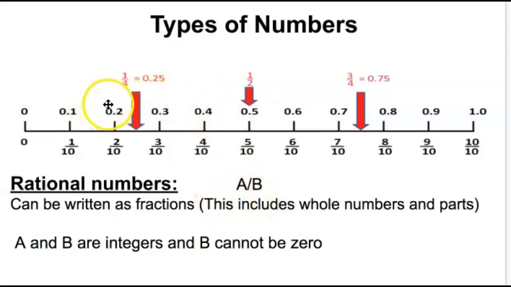There are some decimals that will go on forever and their patterns do not repeat. Those are called irrational numbers because you cannot write those as fractions. And those do exist, and they are in between the numbers 0 and 1 as well, potentially.